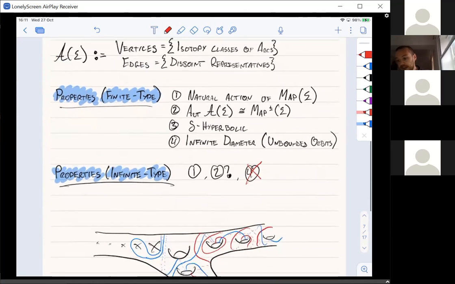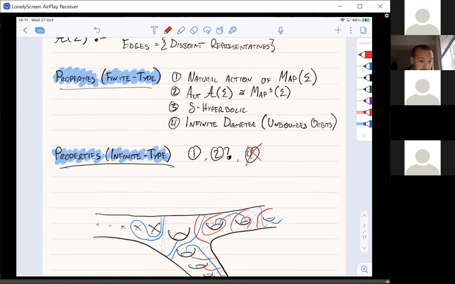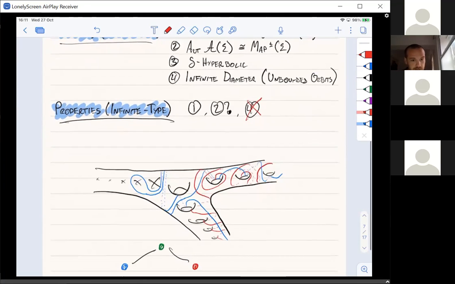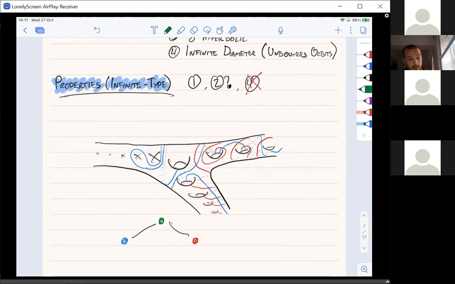But the problem is, if I do that for infinite type surfaces, then in general the diameter is no longer infinite. You can see that I've taken 2 arcs that intersect a lot here. I'm not even sure what I've drawn, to be honest. It's just a bit of a mess. They intersect a lot, but no matter how much they intersect, I can always find an arc like this that is disjoint from both.